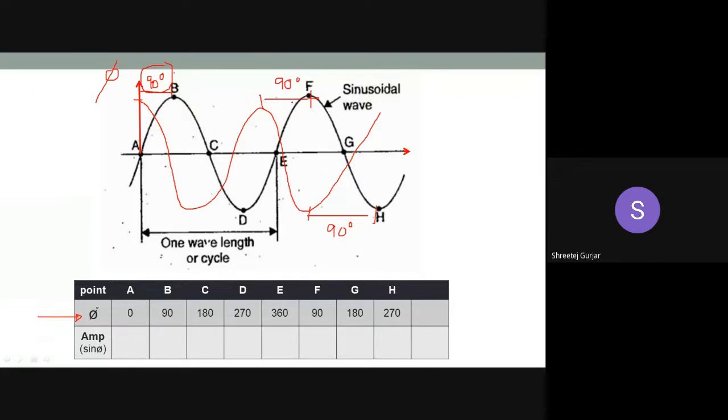This phase difference is what is measured in your electronic distance measuring instrument. It is measured and converted to distance. First it is converted to a fraction of a wavelength, and then that wavelength is used to measure your distance.